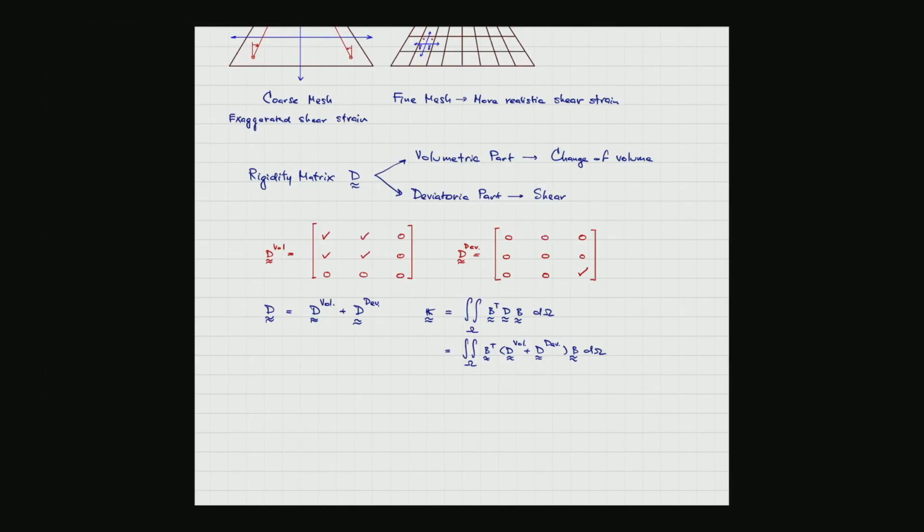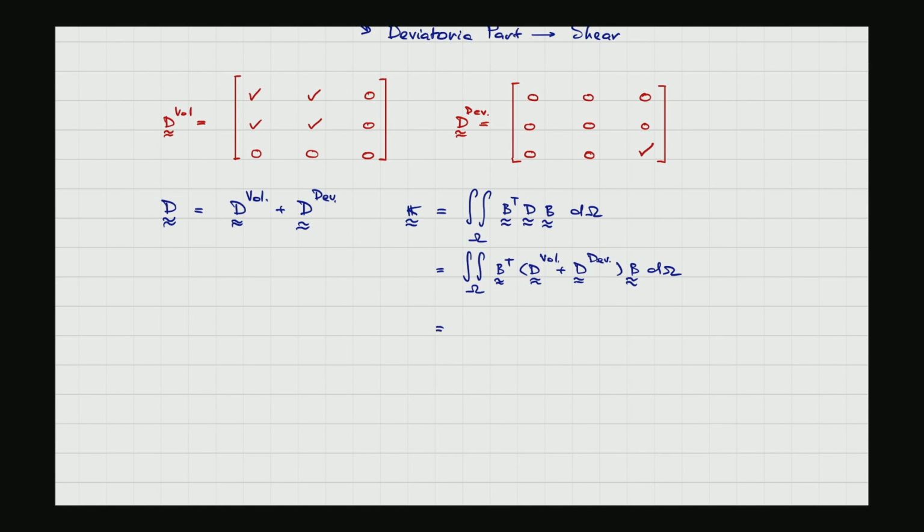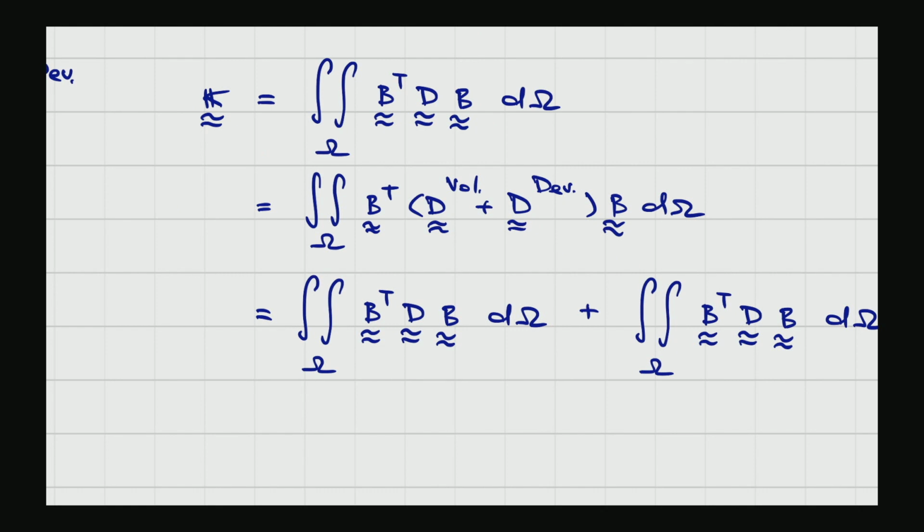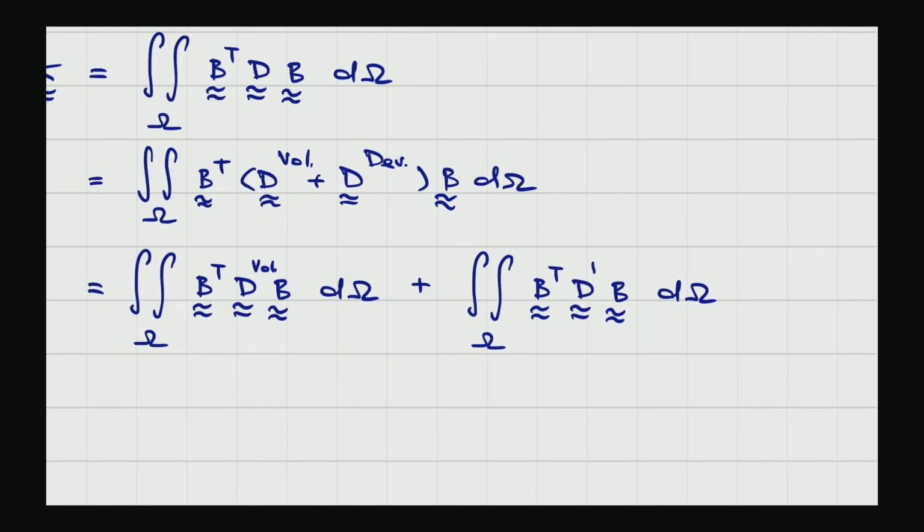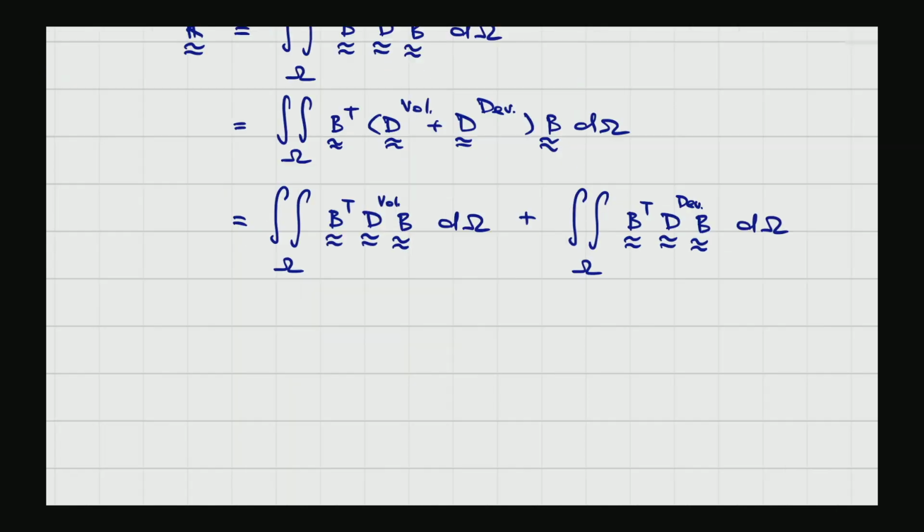Okay, and then we break this thing down into 2 parts like the beam. This one is the volumetric, the next one is the deviatoric. The full integration will be performed over here. You cannot reduce integration on this part.